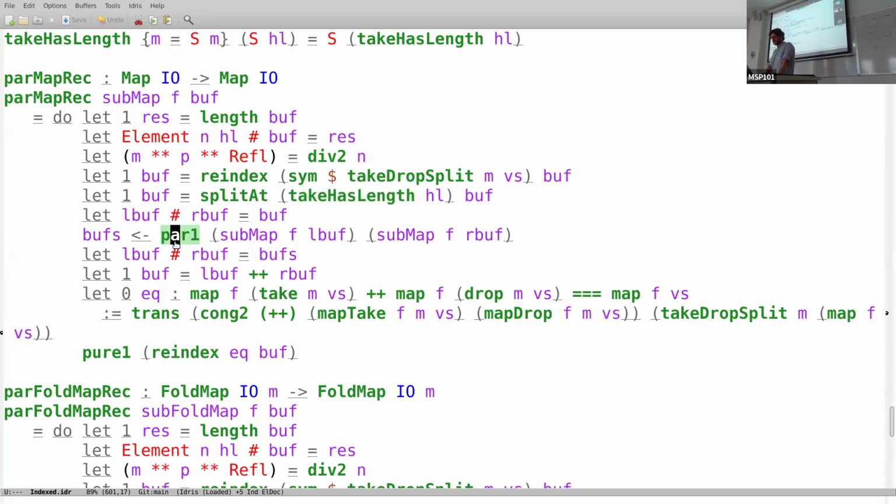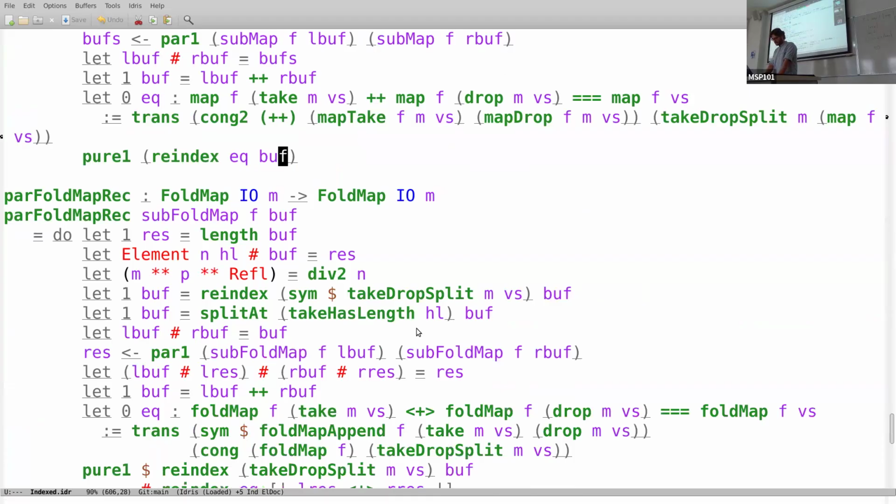And then in parallel, I apply the map that was supplied to the left part of the region and to the right part of the region also. We get the results back, and then we can combine them using this append function that we saw earlier. And through a bit of reindexing, we can return the buffer where we have effectively mapped the function across all of the values.